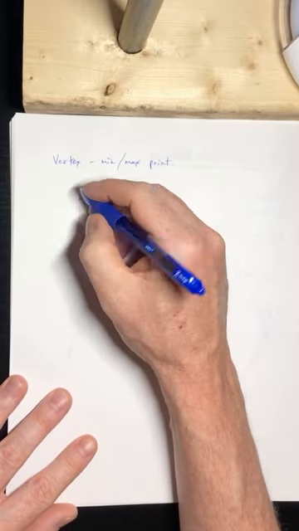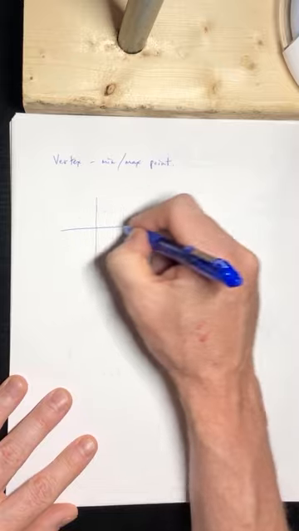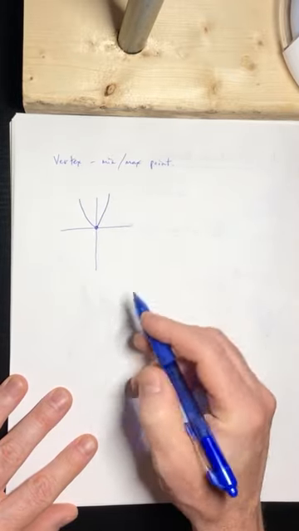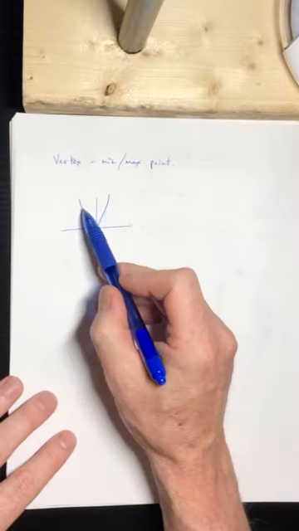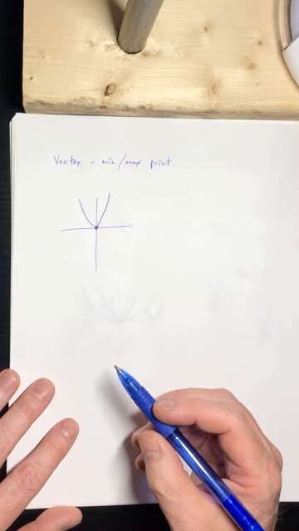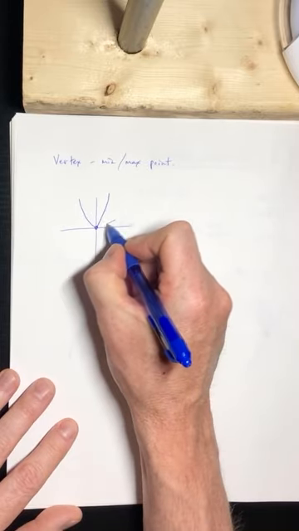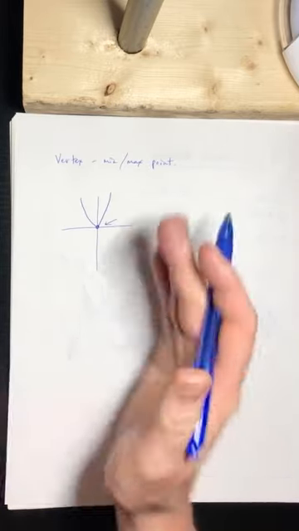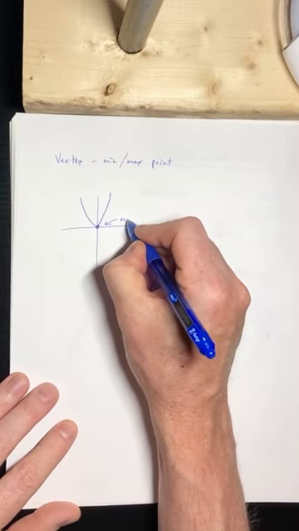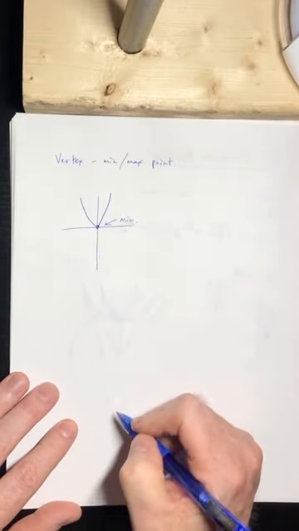And so in this case, this point right here, the point where it looks like the two halves of the parabola meet, that is the vertex. In this case, our parabola is opening upwards, so this becomes our minimum point.